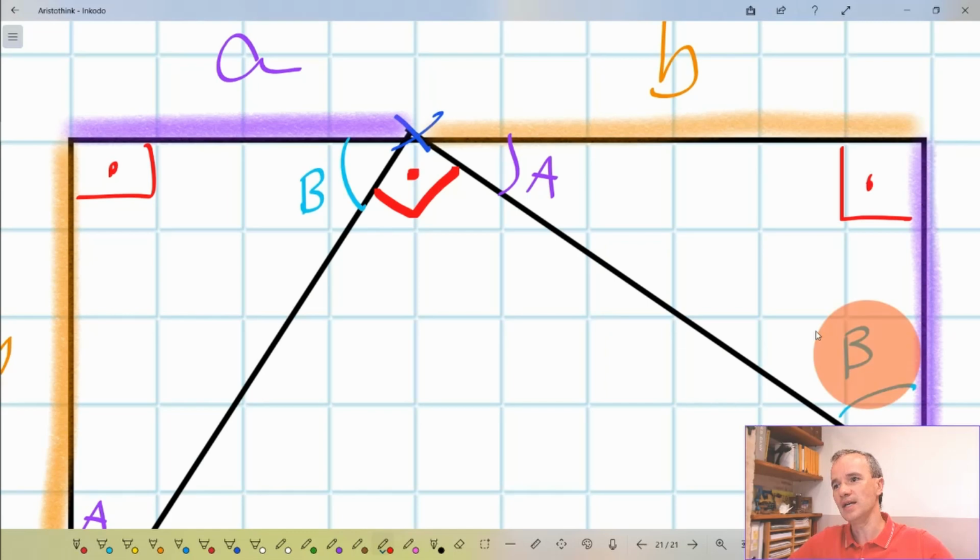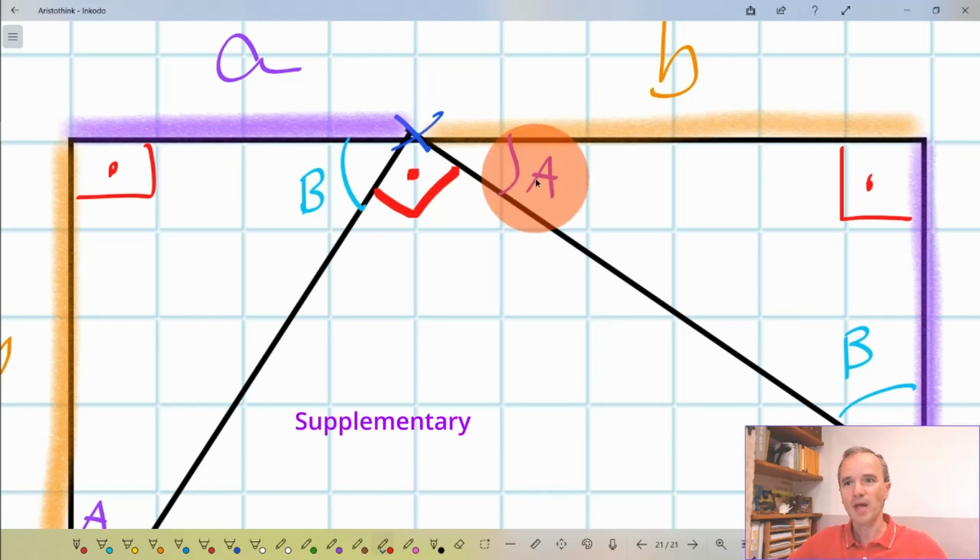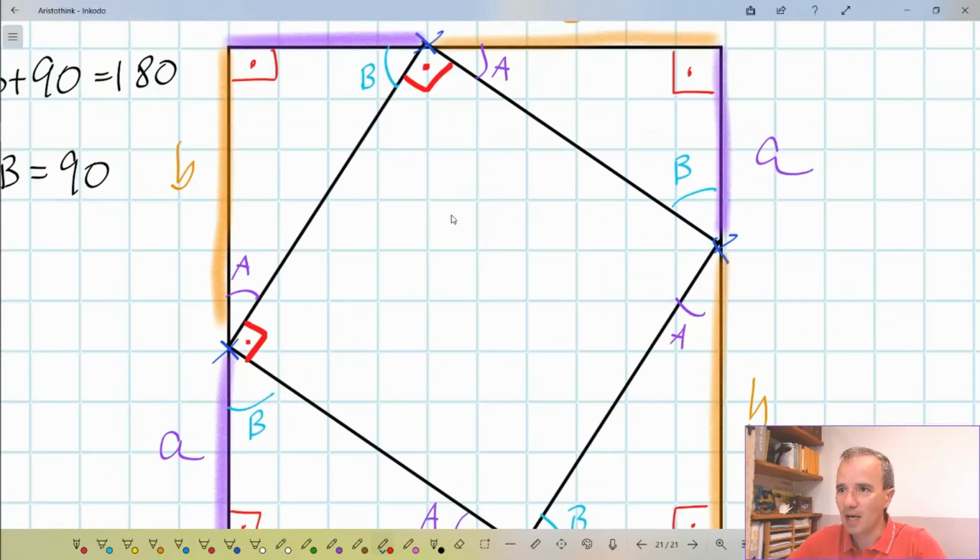This supplementary angle is 90 degrees because everybody must be 180. So with this, I can give a little bit more information about our possible square.